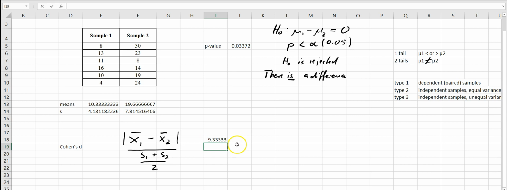Now we also need to calculate the average of our standard deviations. So what we do is we just simply calculate the average of our two standard deviations. That's this one here. So 5.97. And now for Cohen's d, what we need to do is we just basically divide the difference, oops, that actually should be a straight line, like that.